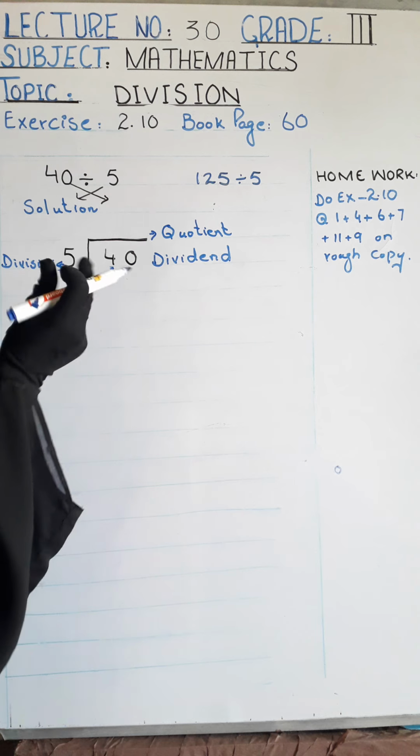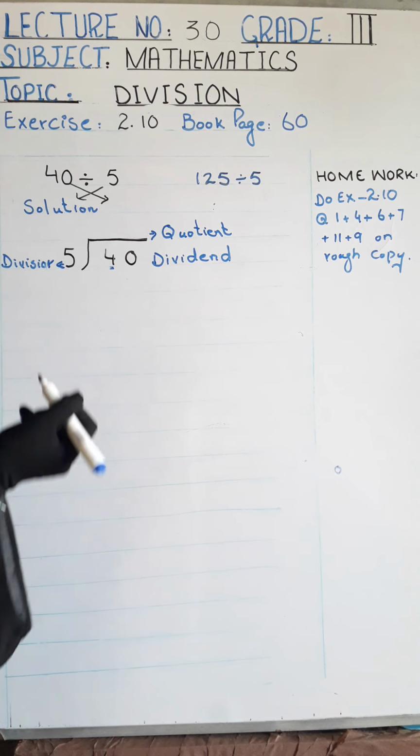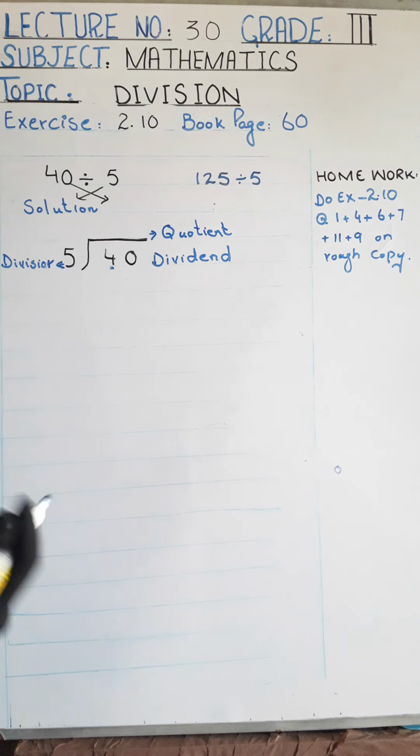First, you compare these two numbers. Is 4 less than 5 or greater than 5? If 4 were greater than 5, then you could easily solve it. You could read out the table of 5 up to 4. But here there is a problem. The problem is that 4 is less than 5.